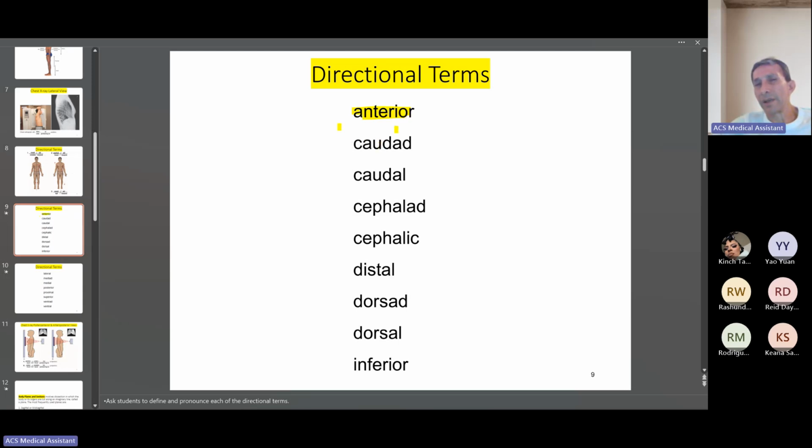Here it says AD, separated, caudad, towards the tail, towards the lower part, towards the inferior part. Here we have AL instead of AD. Remember, this is the suffix.